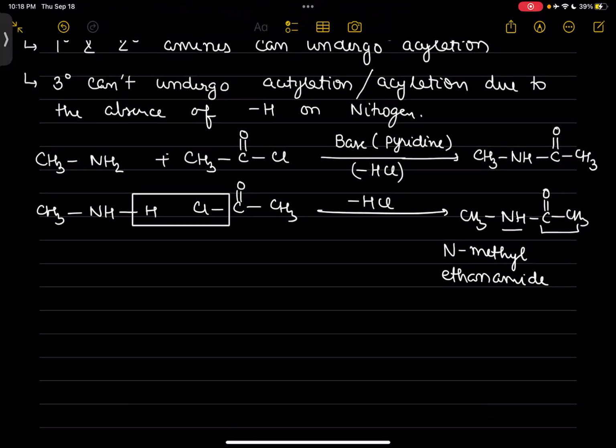So why can't a tertiary amine undergo acetylation? What's the reason?